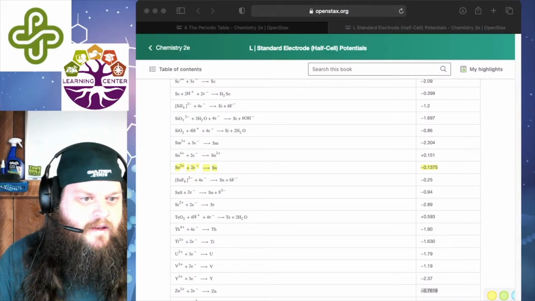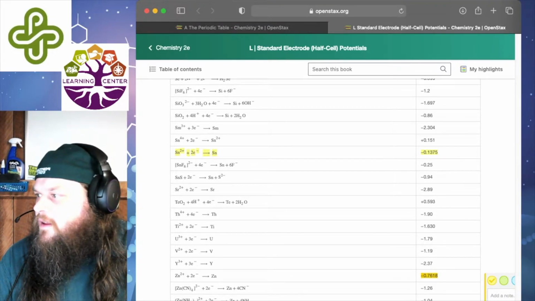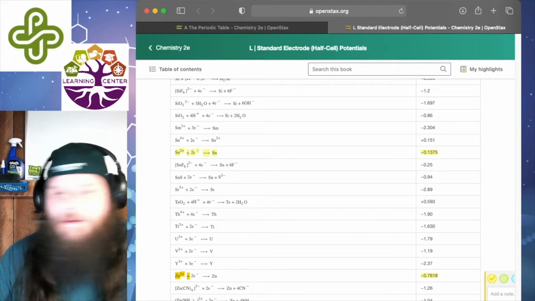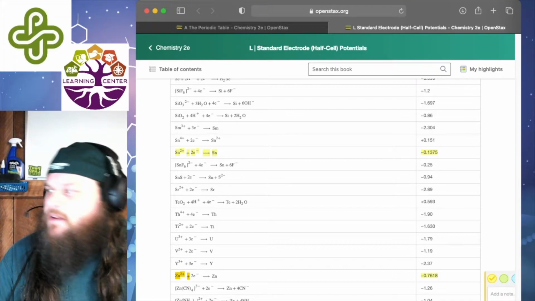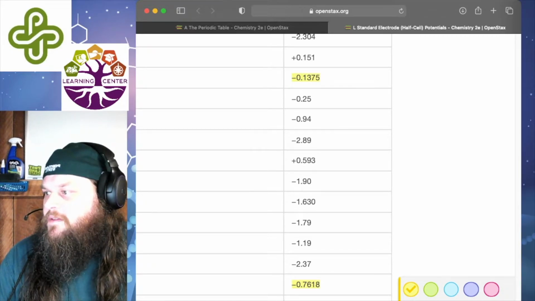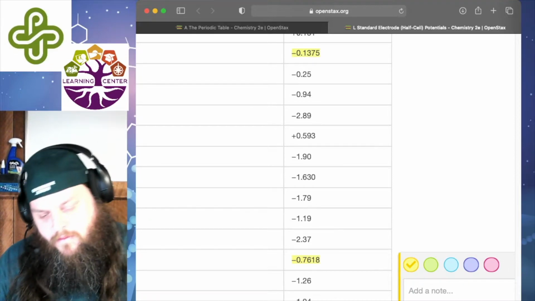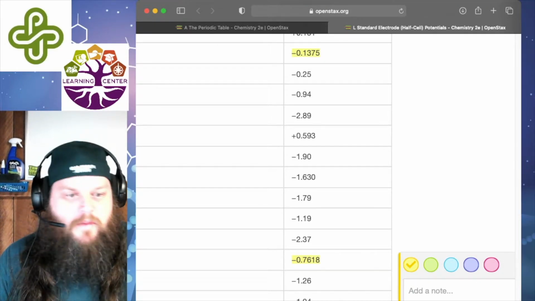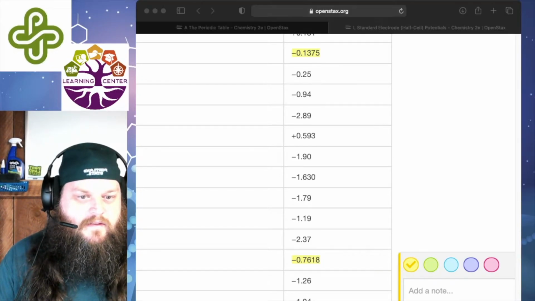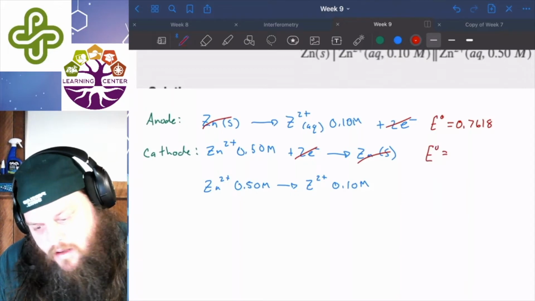You can see that in my browser window, just right here. I'll highlight it, if it lets me. So that's the zinc 2 plus to zinc. Zoom in a little bit. And that's going to be a negative 0.7618. So that's what I'm going to put on there. And they're both going to be the same in this case. That should be a negative value.